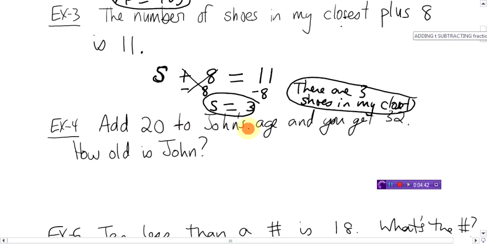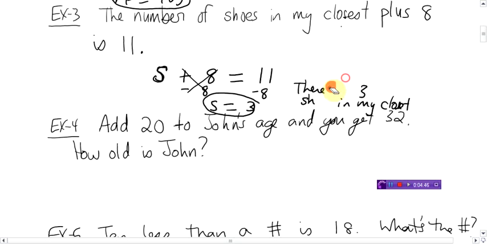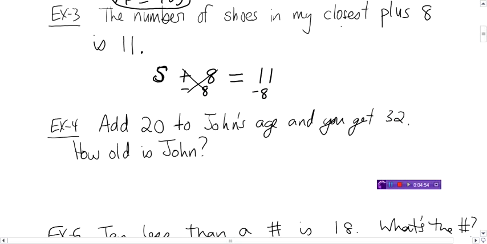Add 20 to John's age and you get 32. Let me just erase this up here because it's getting in the way. Anyways, you add 20 to John's age and you get 32. How old is John? Okay, add 20 to John's age. What does that mean?